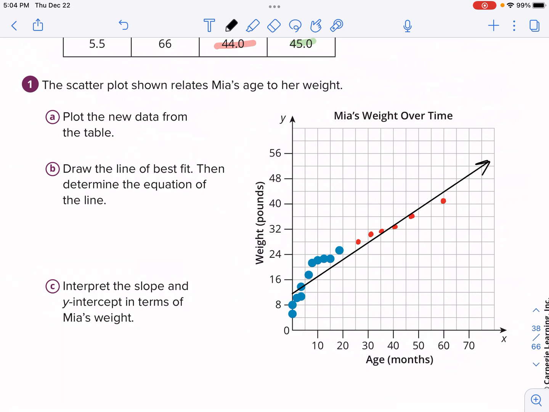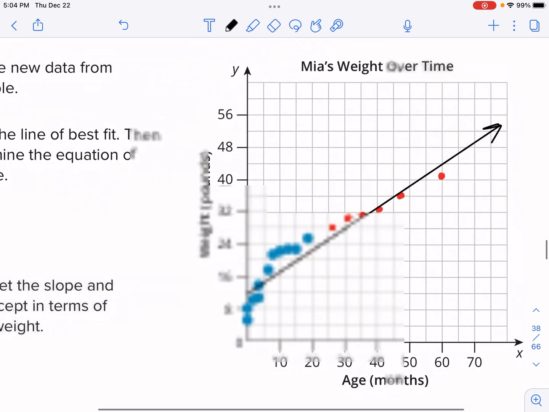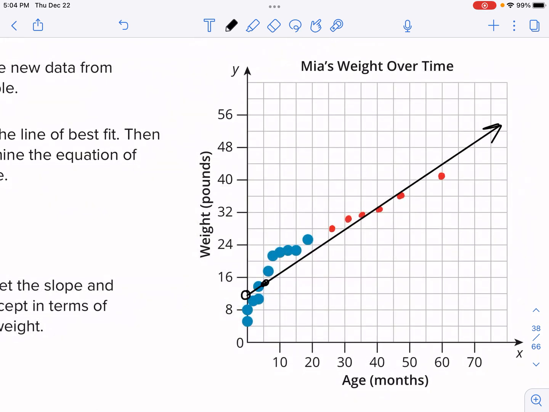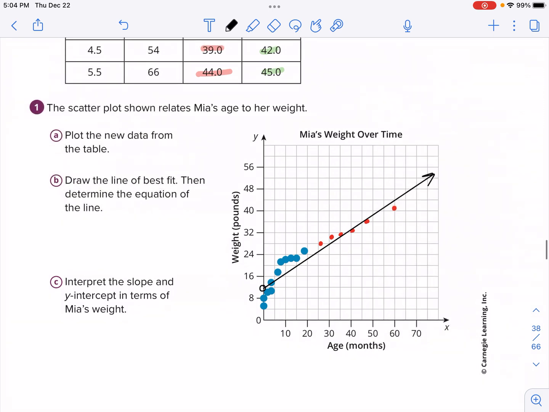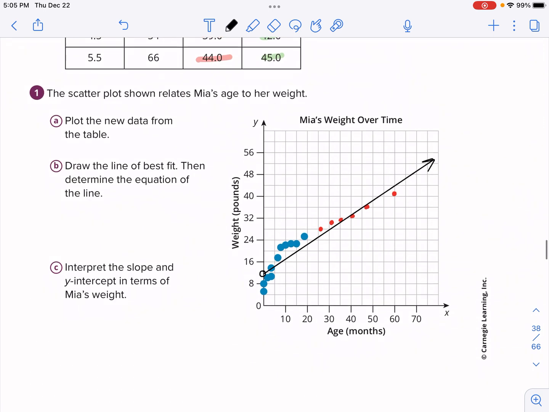Now, for this, I'm actually just going to give you the equation of the line. Typically you would find where it crosses the y-axis, and then find some points and find the rise and the run, and then we would write the equation from there. But for this, at least, I'll give it to you. We're going to have some decimals. That's what makes it somewhat hard, but you should have an equation that's roughly close to this: y equals 0.52x.